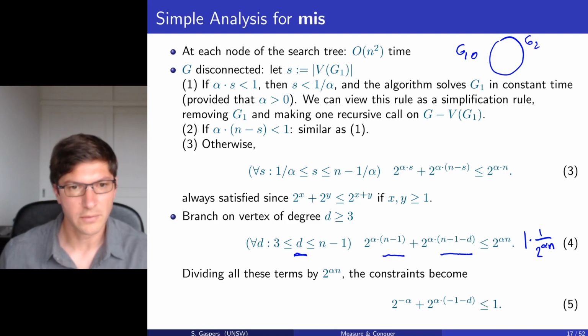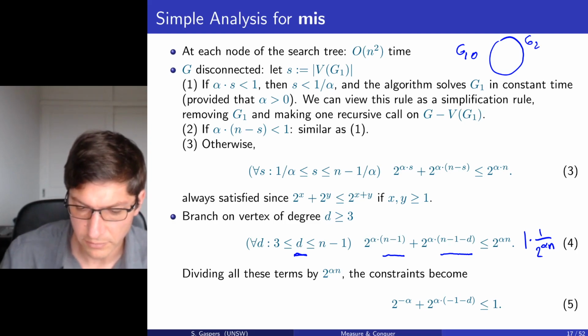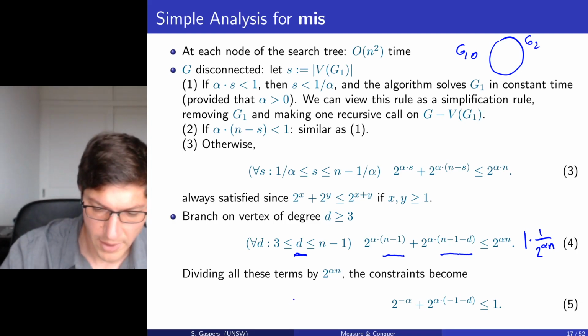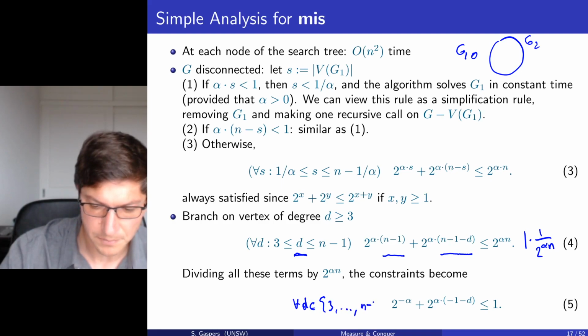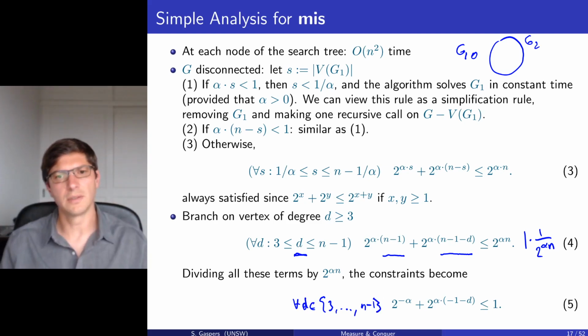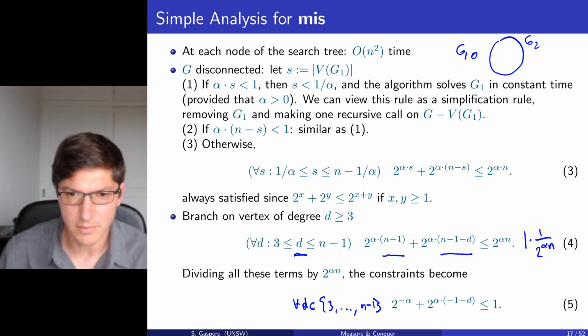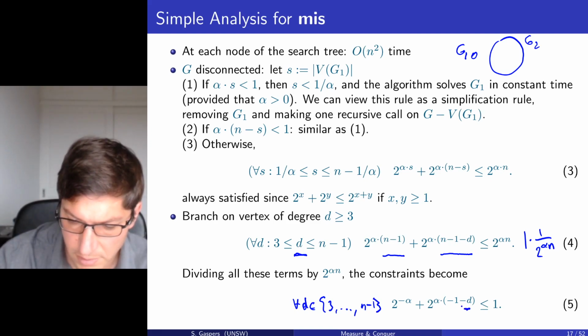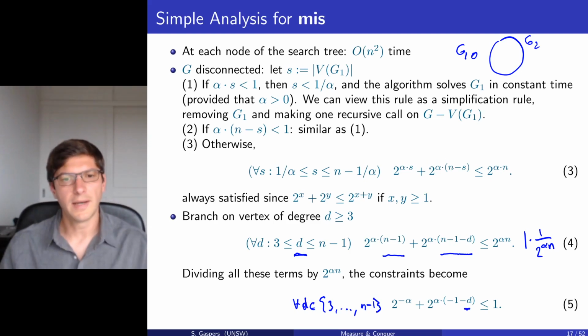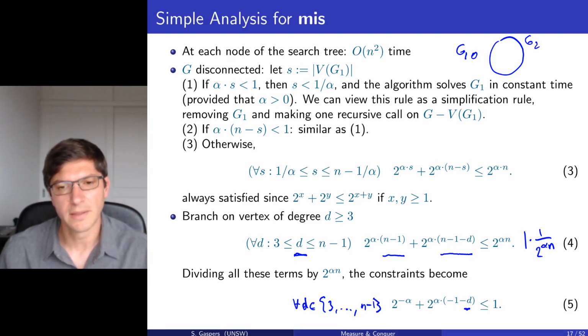We have this constraint for every d between 3 and n minus 1. But it turns out here that d only occurs negatively, so the tightest constraint is the one where d is equal to 3.